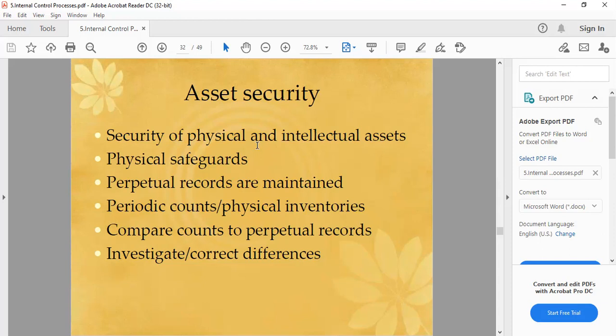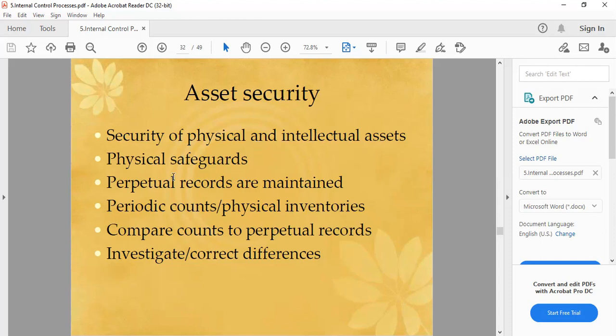Then we have the key together with that, with the door locks. And then for the logical control, which is intangible, we have, let's say, the password for the computer, the password to log into your account in the computer, and the password for accounting software like SAP and QuickBooks. To log into such systems, there are also passwords.